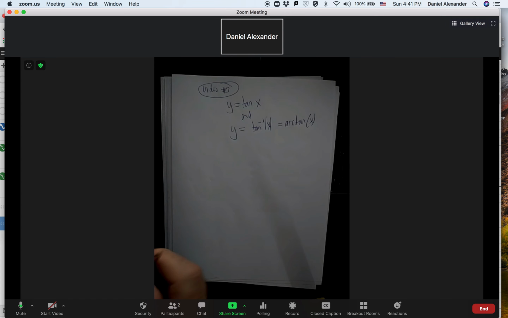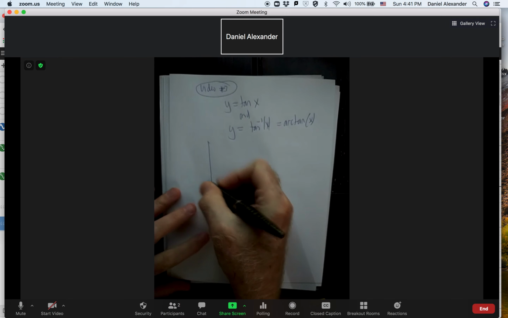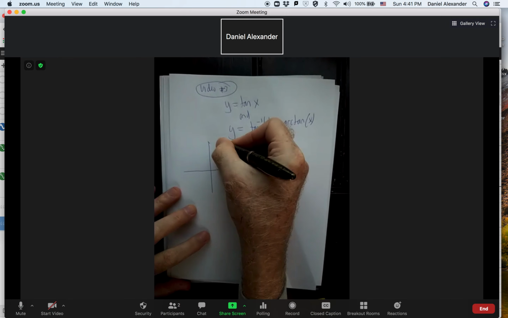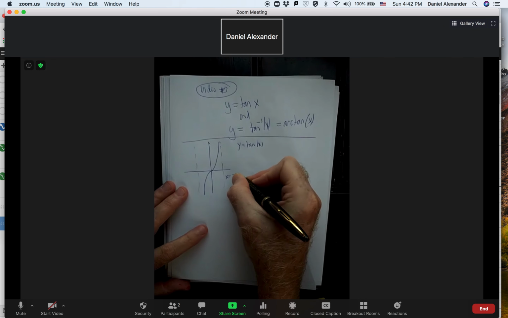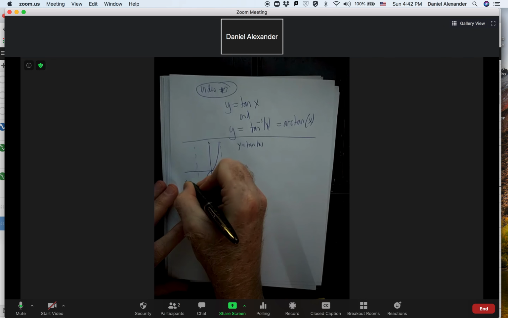Okay, so here's what we decided. We're going to invert this part of the tangent. And here are our ratios.